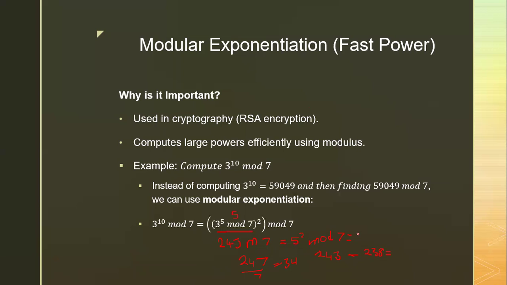Right? Because here 5 squared is 25, and then 7 enters into 25 3 times with a remainder of 4, because 7 times 3 is 21. 25 minus 21 is 4, right? So here we've got a modulo of 4. So the overall function of 3 to the power 10 mod 7 is 4. I hope that makes sense.